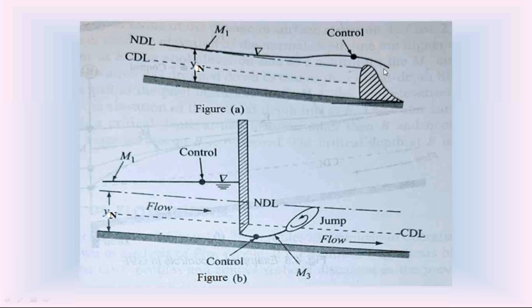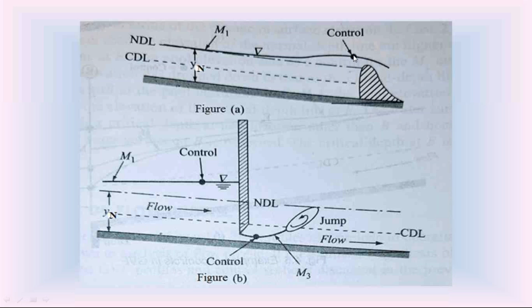Since we know the discharge, divide the discharge by the wetted area at section 1, and we get the velocity of flow at section 1.